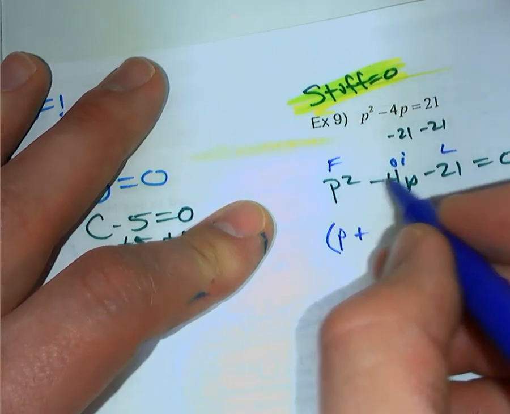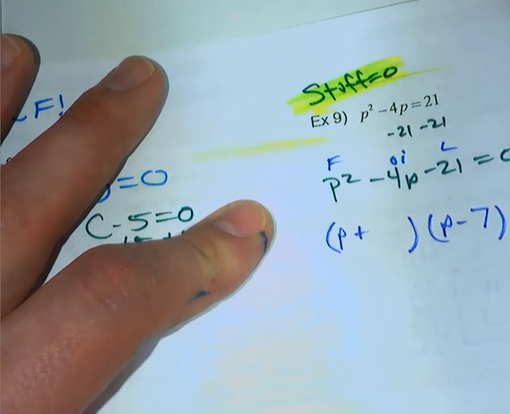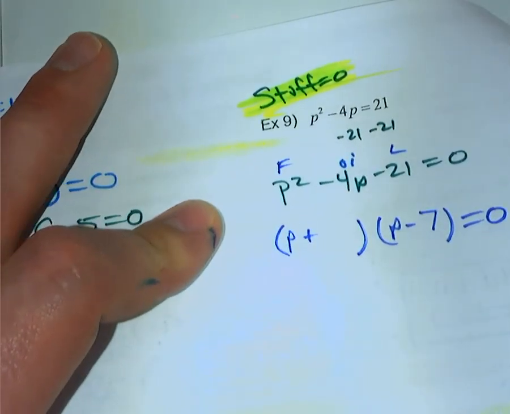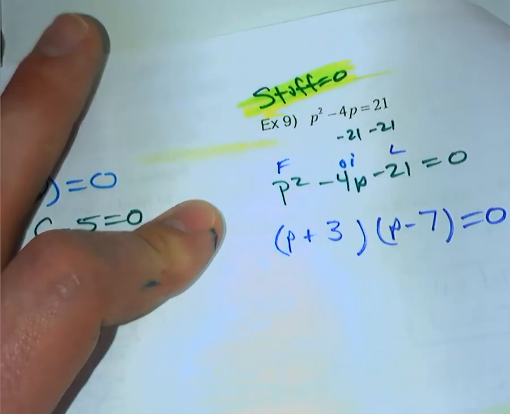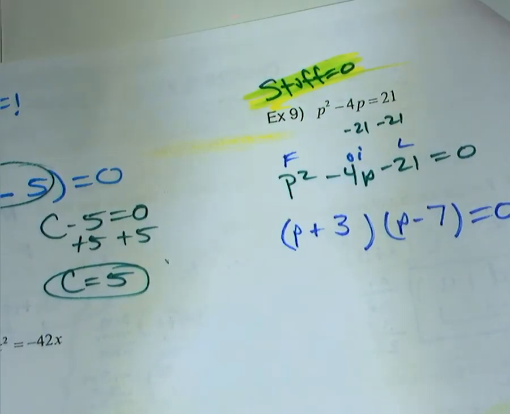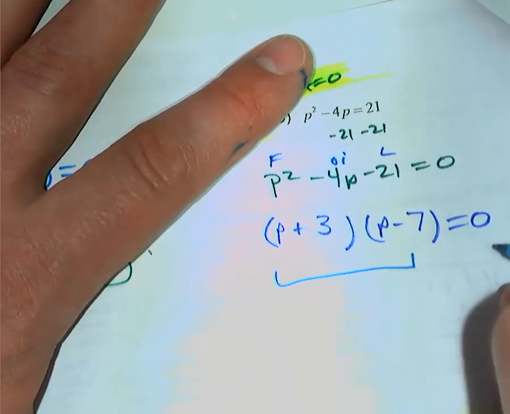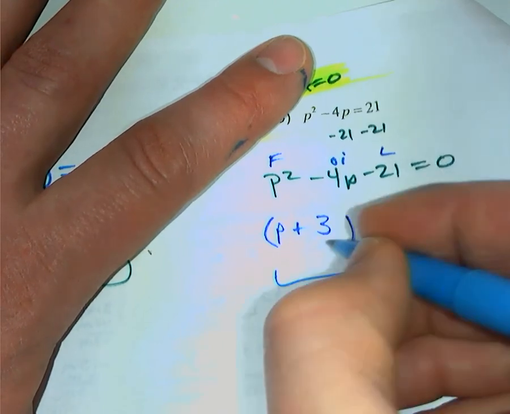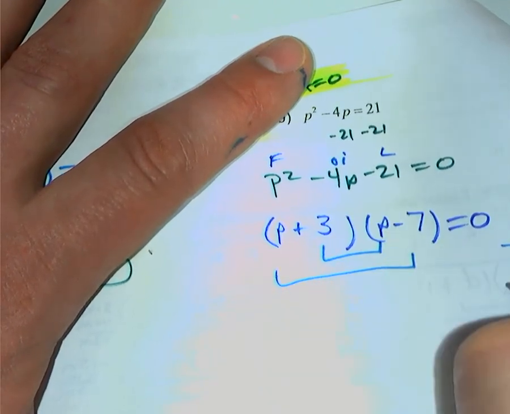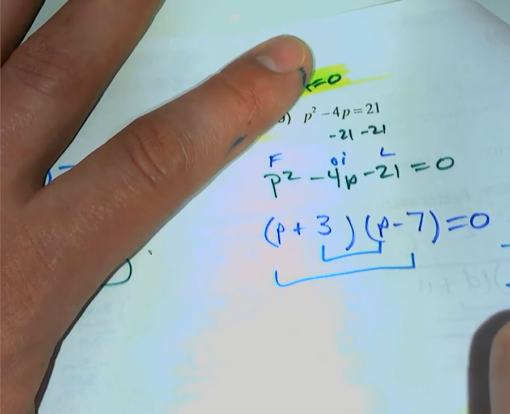All right, it's got to add up to a negative. So the big guy is negative, and the little guy, 3, is positive. So again, negative 7 times 3 is negative 21. Still want to check your outers and inners. Outers negative 7P, inners 3P, yes, negative 4P.